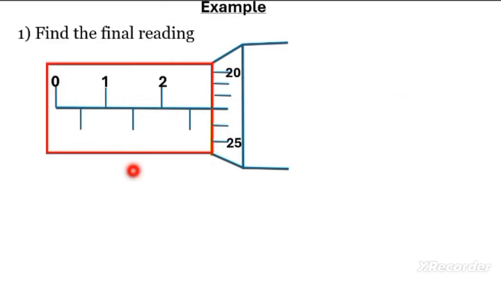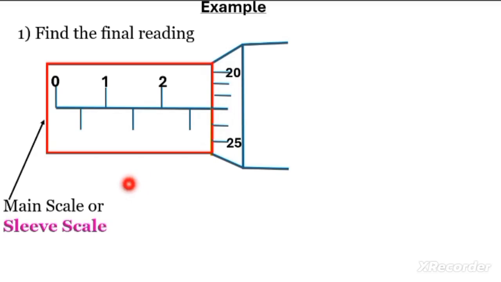We have this one, and we have this one. The first thing that we are going to do is identify these scales. The first scale is called the main scale or sleeve scale.